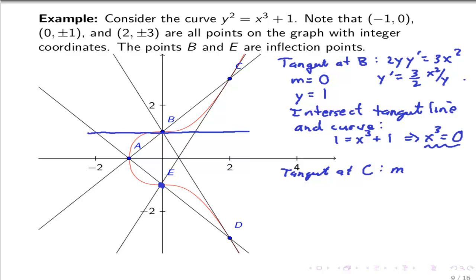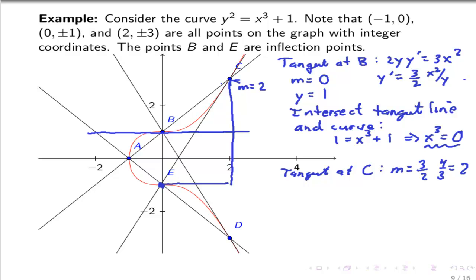So here m is 3/2 x squared over y, so that'll be 2. Okay, so if I'm at the point E right here, and we draw a little slope triangle like that, the change in x is 2, and the rise is 4.